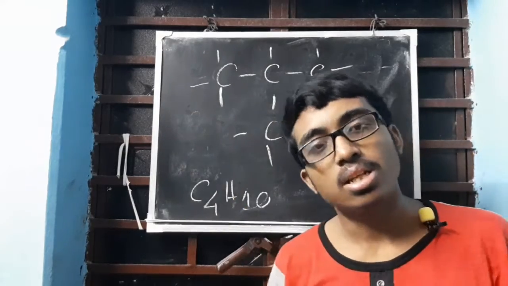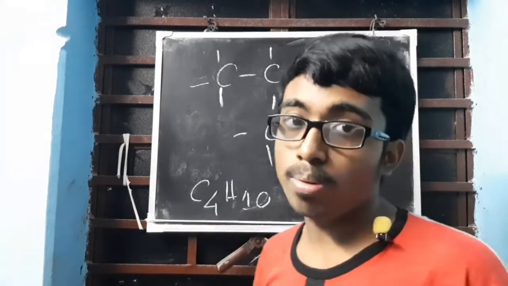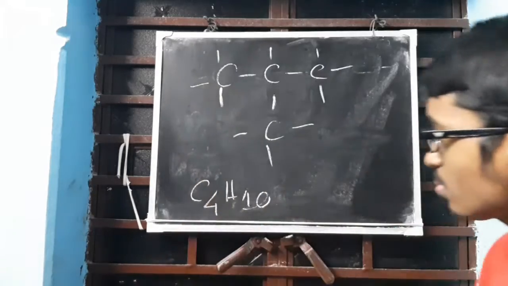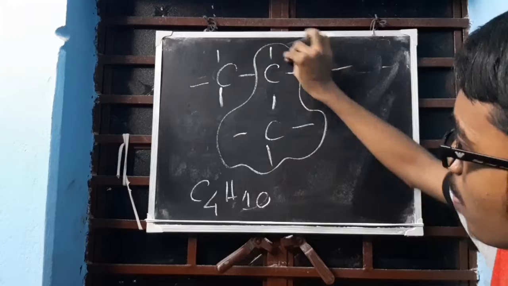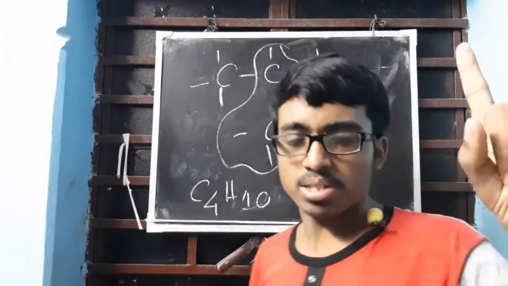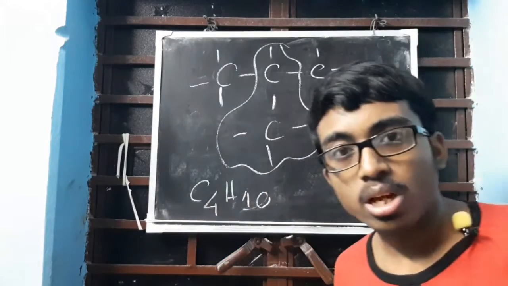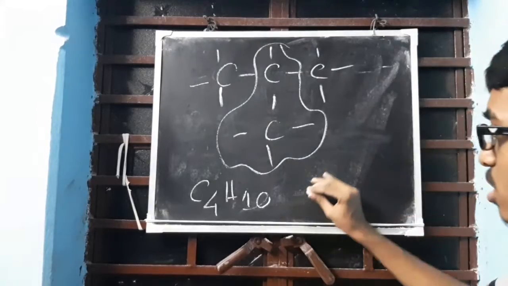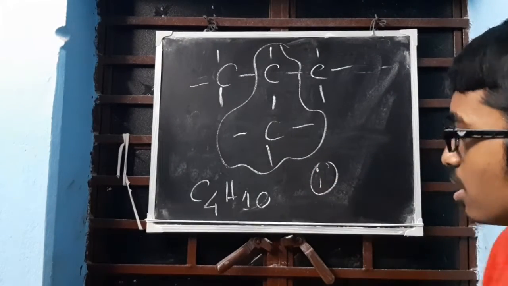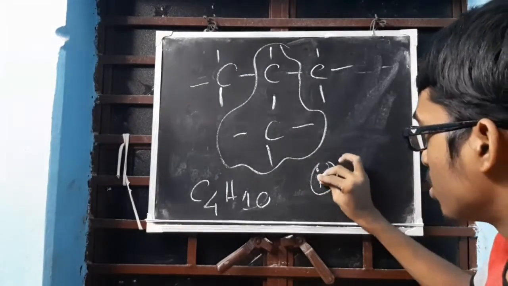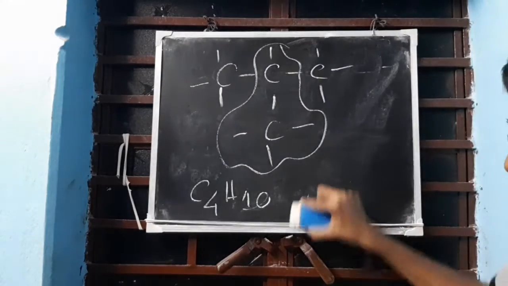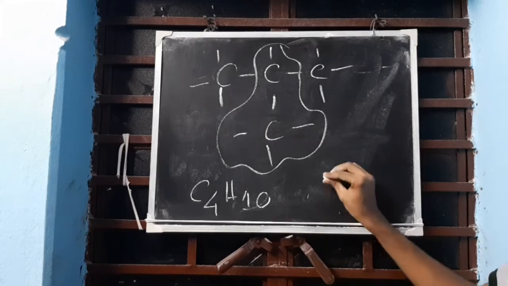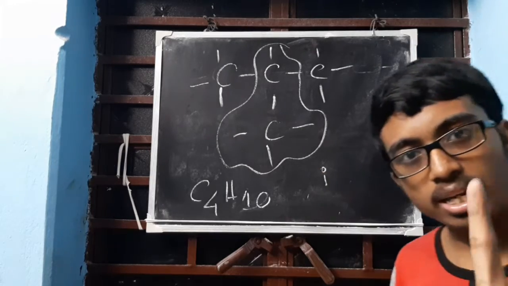This is another isomer. Now, how to remember which isomer? See, do you see one hanging? One person is hanging. How to write 1 in Roman? You write 1 in Roman like this, a lowercase i.